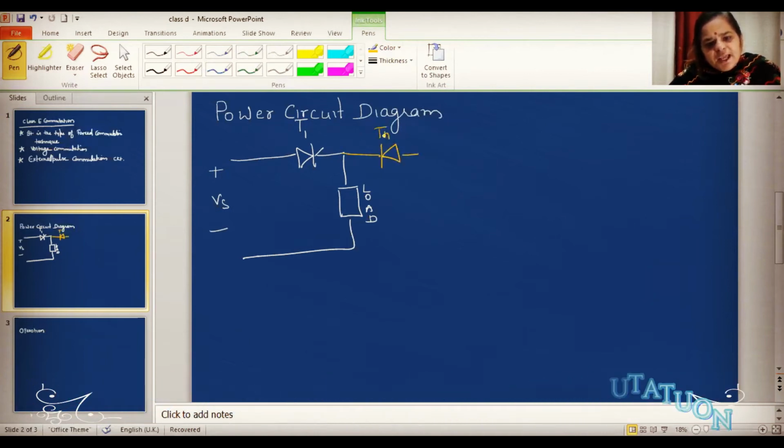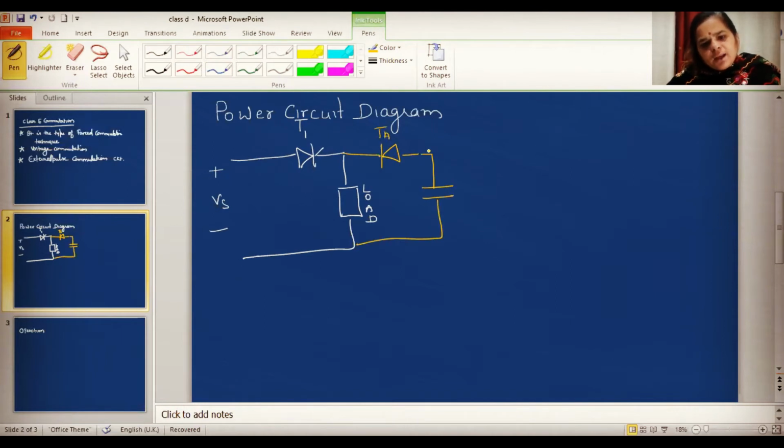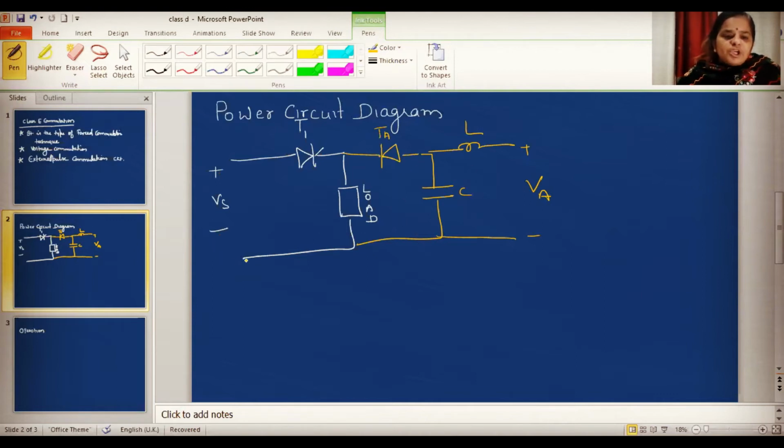This is TA, here is the capacitor C, and here is L, and this is fed by an additional source called the auxiliary voltage. The circuit I have drawn in white is the power circuit, and the circuit drawn in yellow is the part of commutation.